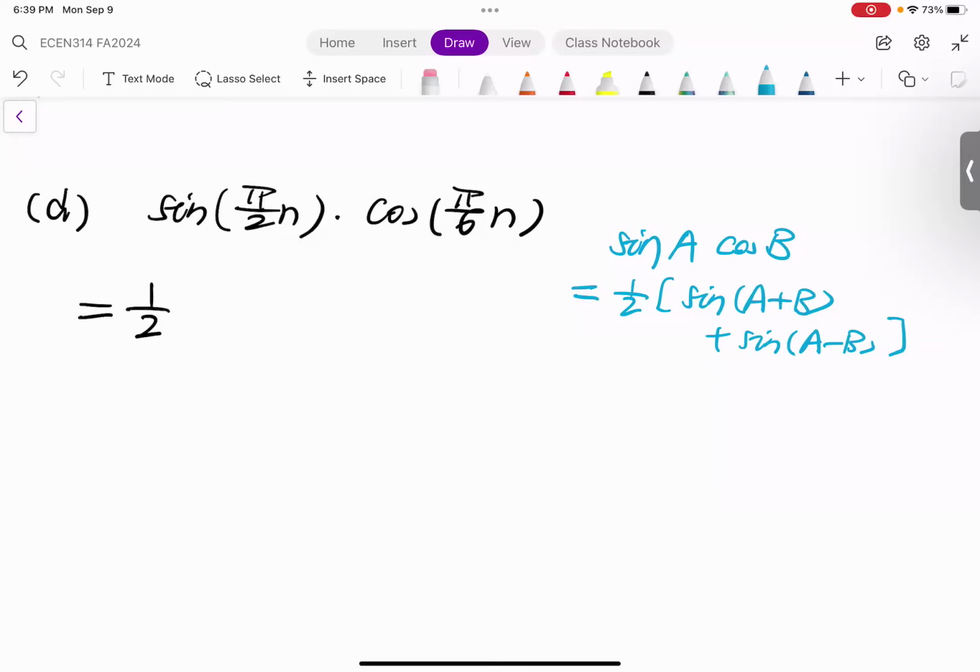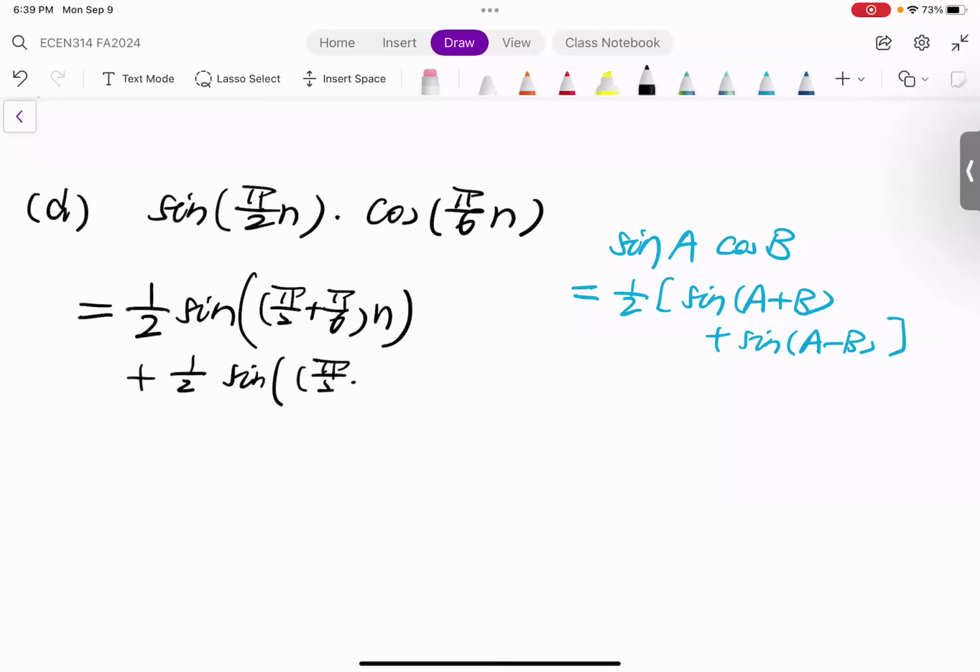But anyway, here we are changing the product to sum. So then in this case, we have the sine of 1/2 pi plus 1/6 of pi times n, and plus 1/2 of sine of 1/2 pi minus 1/6 of pi n.